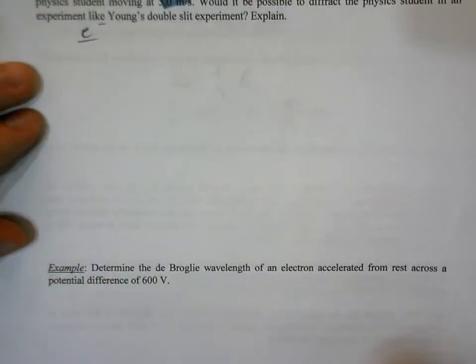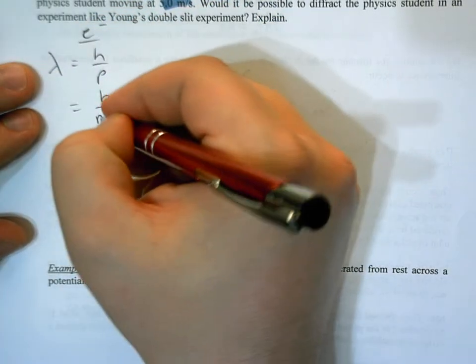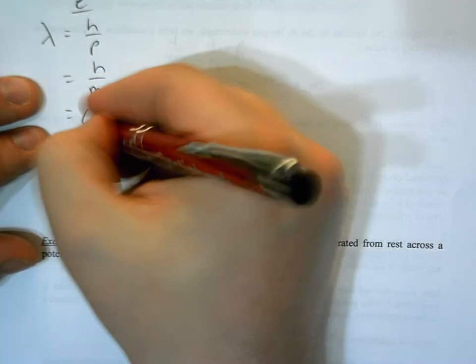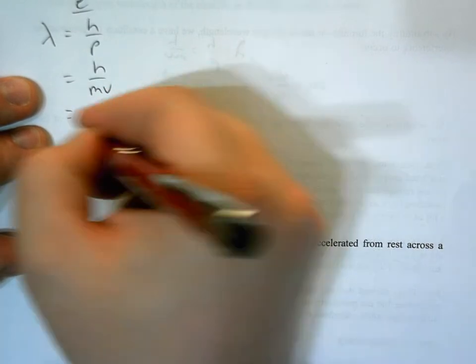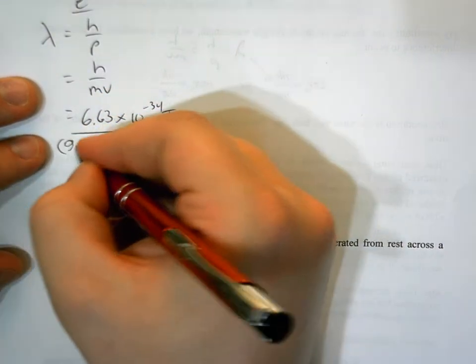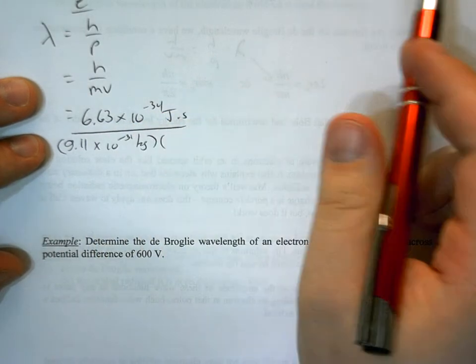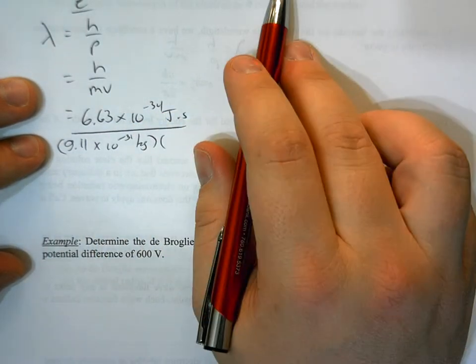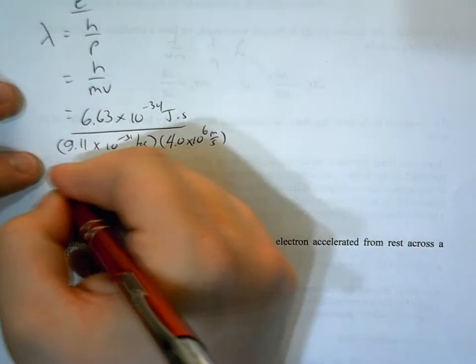For the electron, we know the de Broglie wavelength is h over p, or h over mv. So we get 6.63 times 10 to the minus 34 joule seconds, and we're going to divide that by the mass of the electron, and we are told that it is traveling at 4 times 10 to the 6 meters per second. So it's going pretty fast.